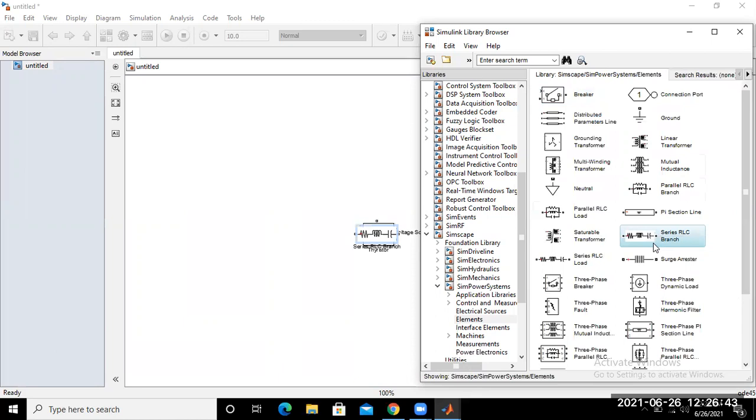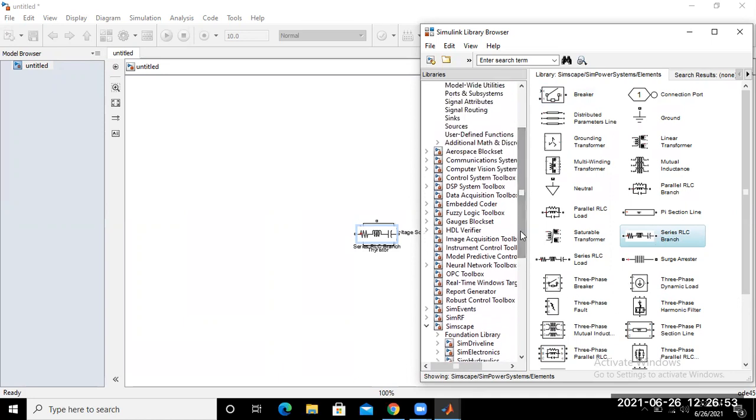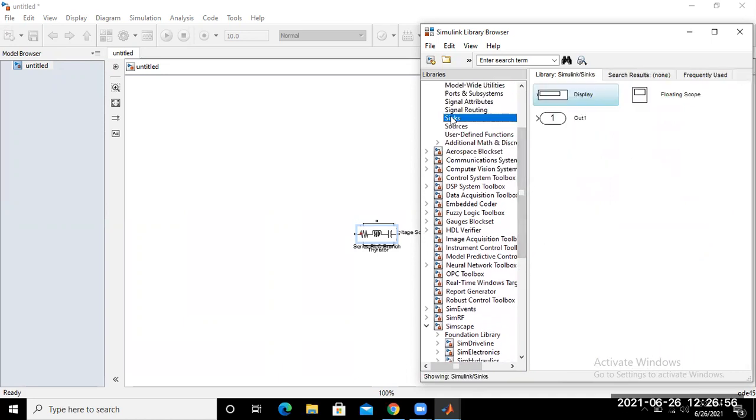Next, what do we require? One scope. So go to the sinks part and add a scope.